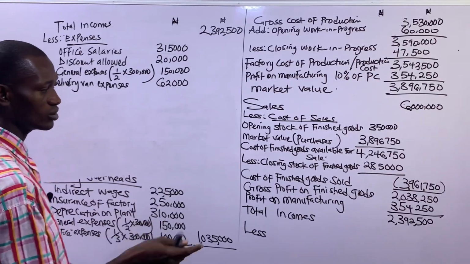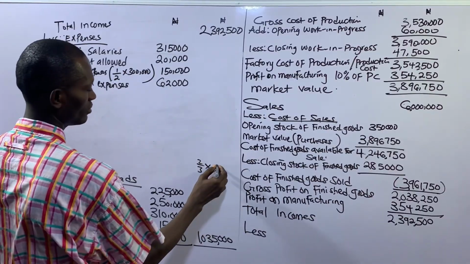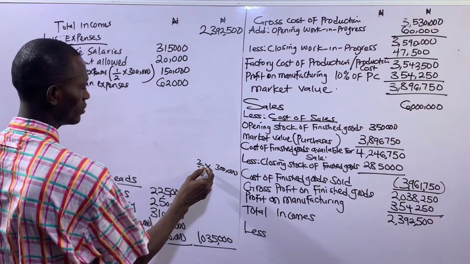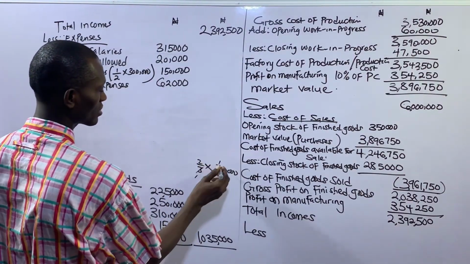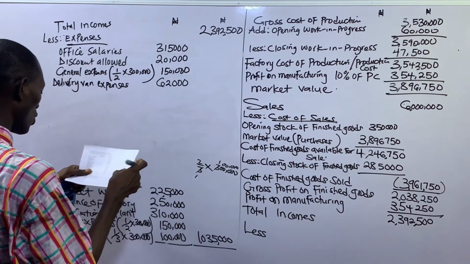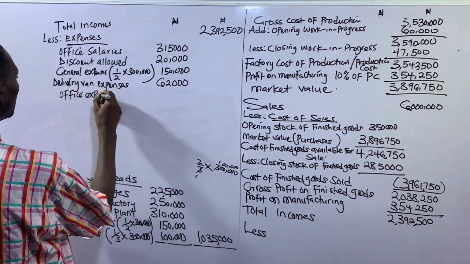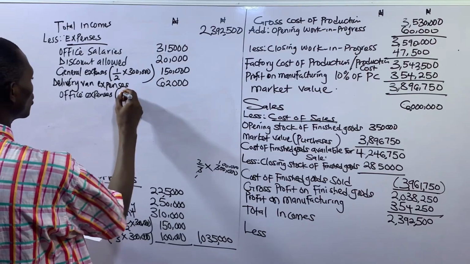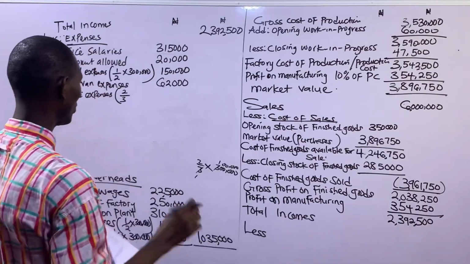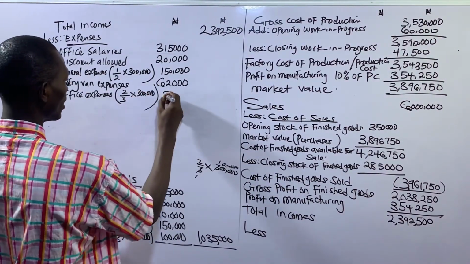Then the remaining two thirds, that's 2 over 3 times 300,000, and that gives you 200,000. So one third plus two thirds gives you 1, times 300,000.